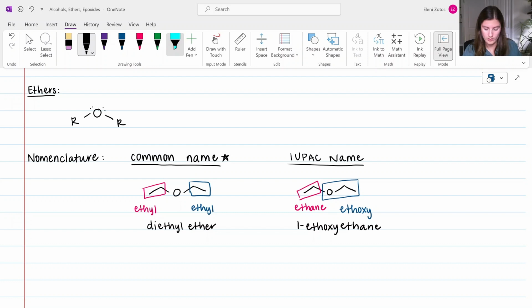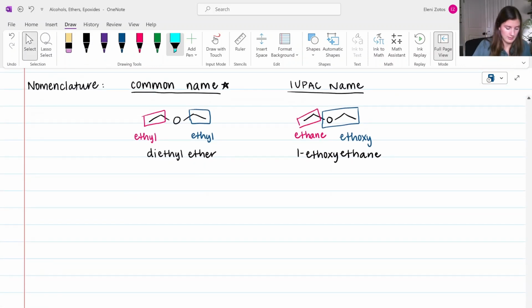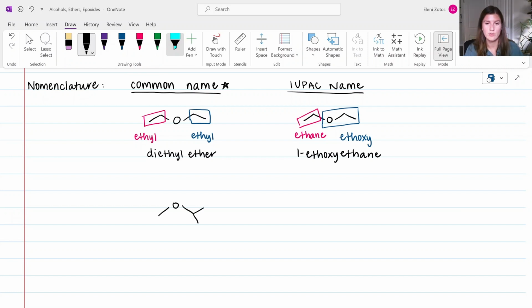Let's do one more. We have two different groups bonded to the oxygen.